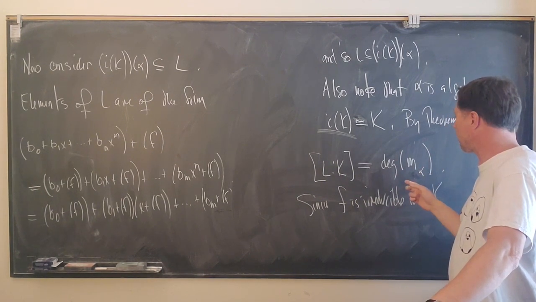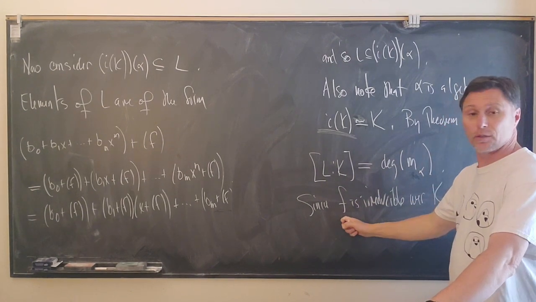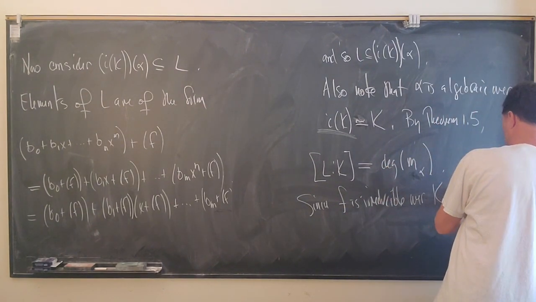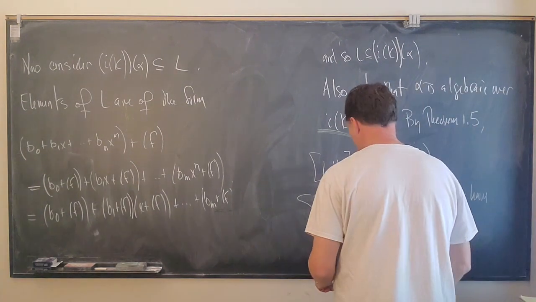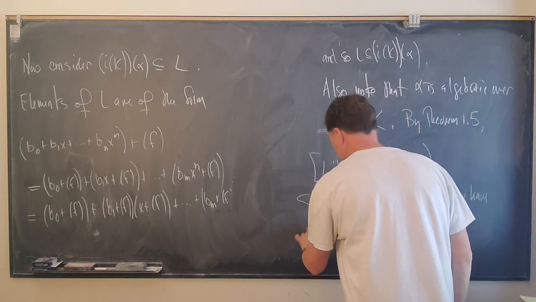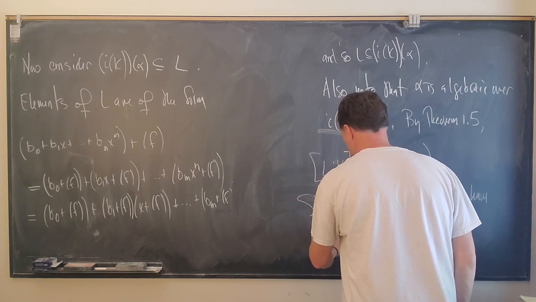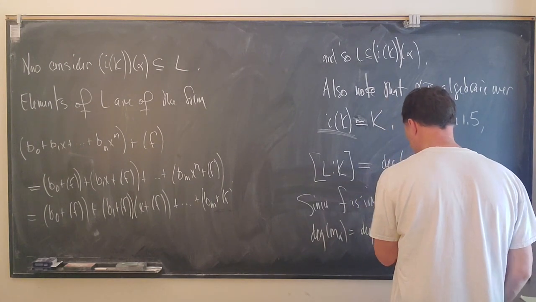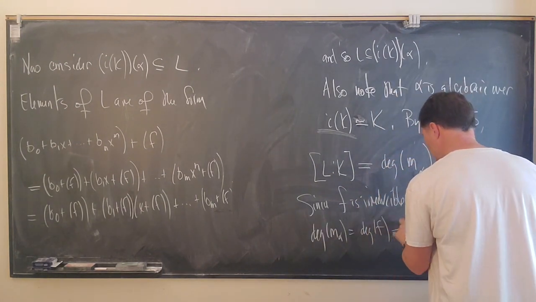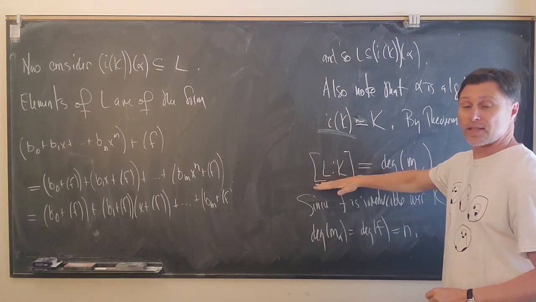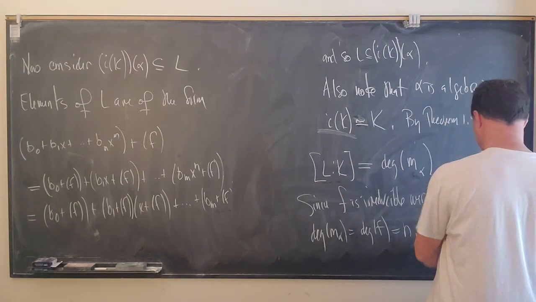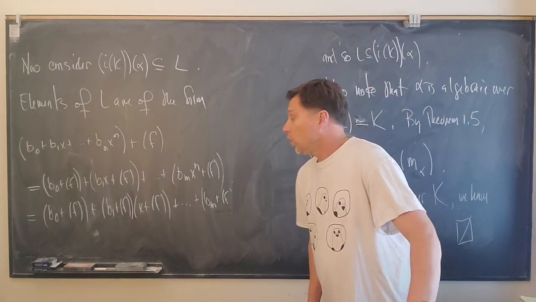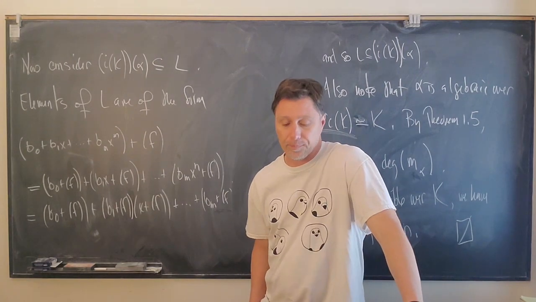It tells us that the degree of the minimal polynomial is exactly equal to the degree of F, which is equal to n. So we have that the degree of m sub alpha is equal to the degree of F, which is equal to n. So that tells us that our extension here has degree n. It's pretty slick, huh?